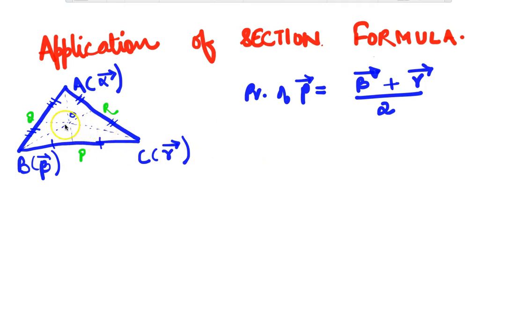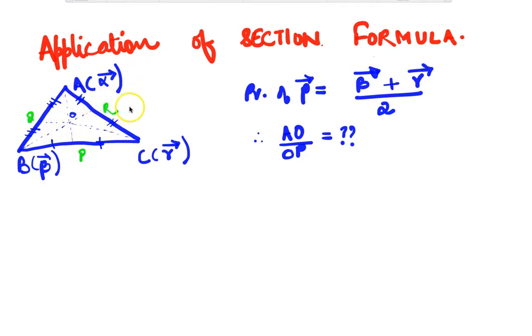So to find the position vector of O, we would need to find AO by OP. If we know this, we can easily find the position vector of O. So how to prove this?